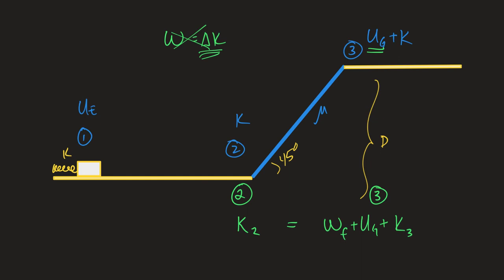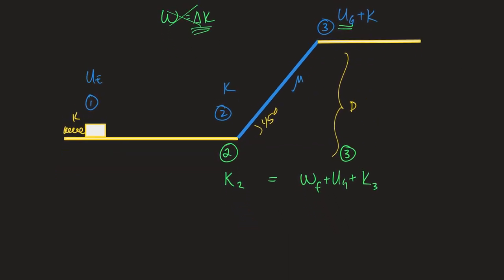What is this going to do? This is going to make the object probably slower, right? It has to have a certain amount of energy to make it to the top. It can't take the energy away from the gravitational potential, because otherwise it doesn't make it to the top. But when it makes it up there, it's probably traveling at a slower speed. Why? Some of that energy went here.